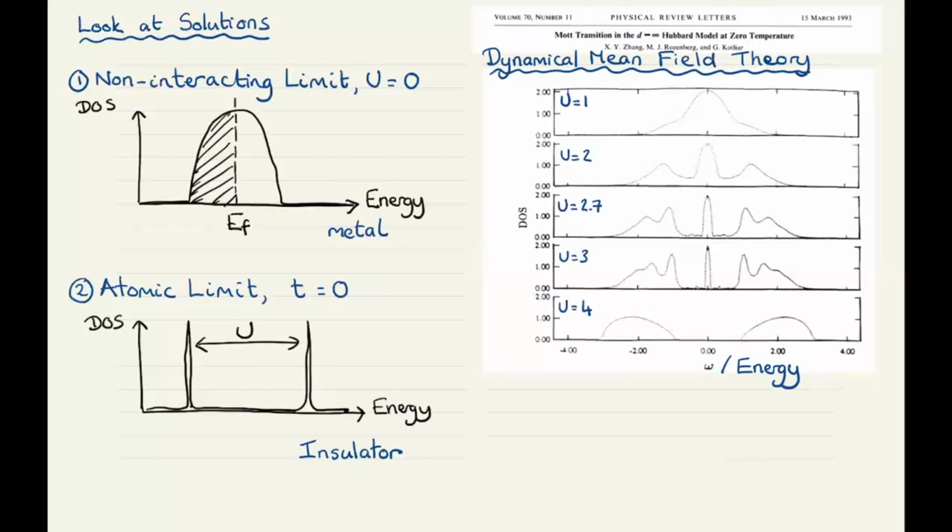And all of these are in units relative to T is equal to 1. And the Fermi energy is set to be 0 in the middle of the plot here.